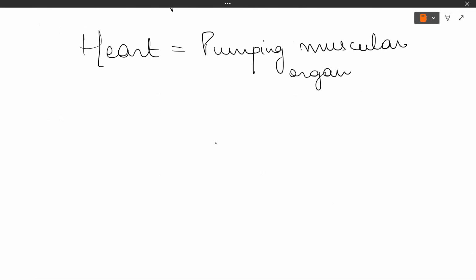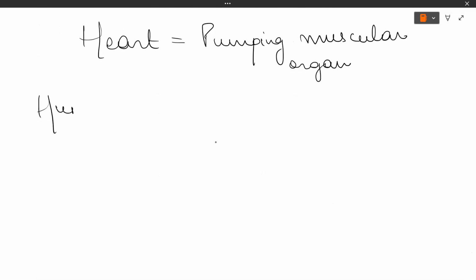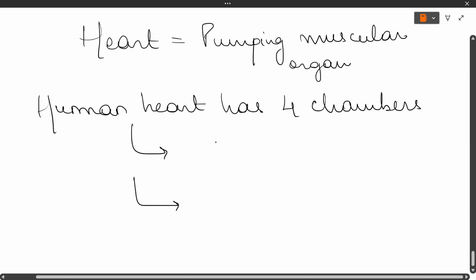Now you must remember that the human heart has four chambers. Do you know the names of the chambers? Left atrium, left ventricle, right atrium, right ventricle.